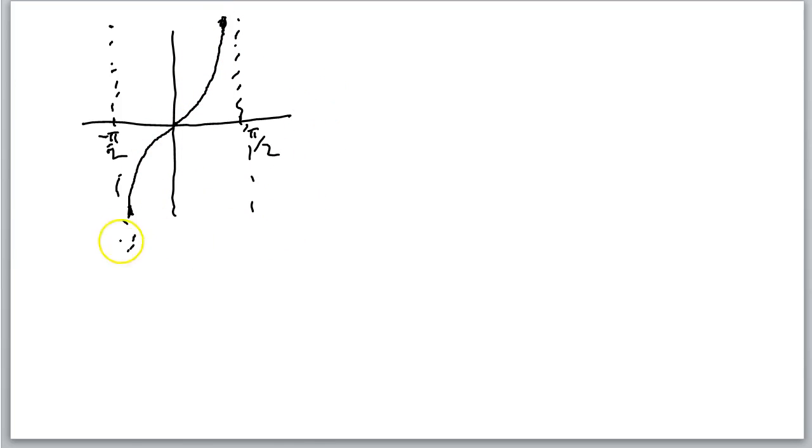It's again a periodic function, so this thing repeats itself infinitely many times, but at this interval, this tangent function is 1 to 1. So whenever we talk about the tangent inverse, we will limit the tangent interval to be on the interval negative pi over 2 to pi over 2.